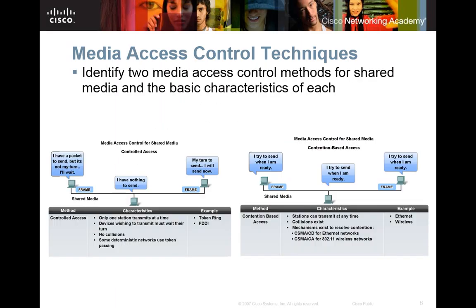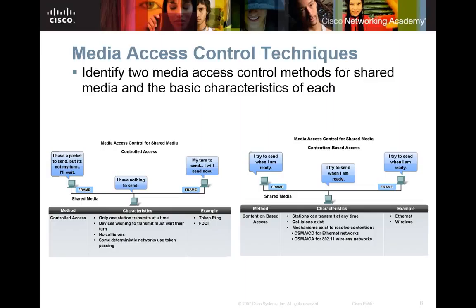You have controlled access, like I said, which is going to be token ring and FDDI. FDDI is just a dual ring where you can pass it around in the opposite direction on the second ring. And then you have contention-based, where you're going to have your CSMA/CD and CSMA/CA. One's for Ethernet, one's for wireless.